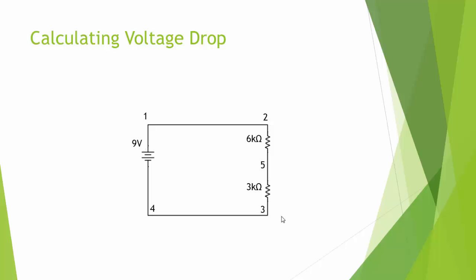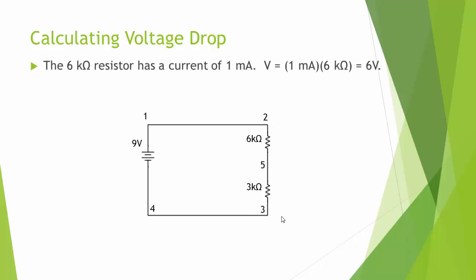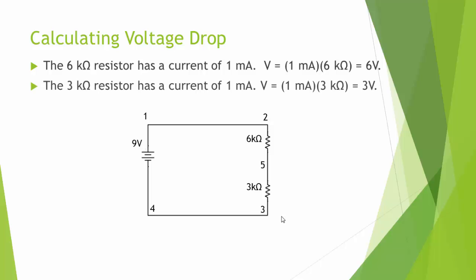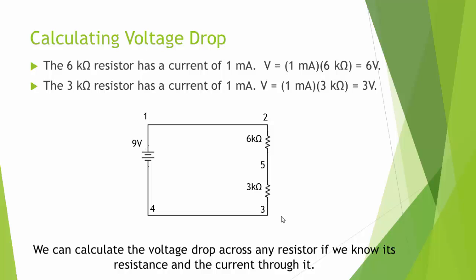So if we have a current here of 1 milliamp, for the 6K resistor, V equals IR, 1 milliamp times 6 kilo ohms equals 6 volts. The 3K resistor, 1 milliamp times 3 kilo ohms equals 3 volts. So we can calculate the voltage drop across a resistor if we know the resistance and the current through it.